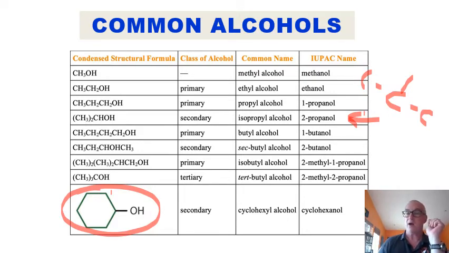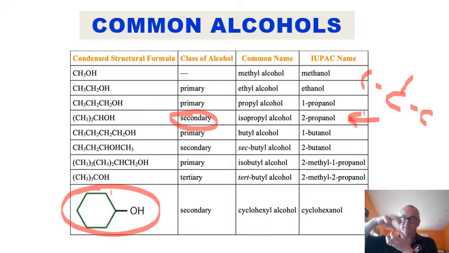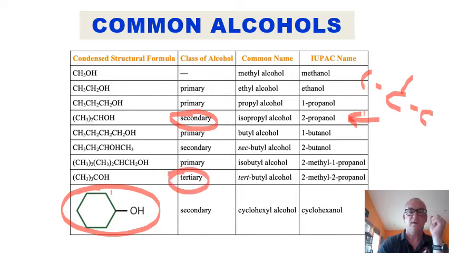So a primary alcohol is when the hydroxyl group is at the terminal end of the molecule. Secondary is when it's bound to an internal carbon. And then when you have something like this, basically that alcohol group is attached to a carbon that has nothing but carbons attached to it.